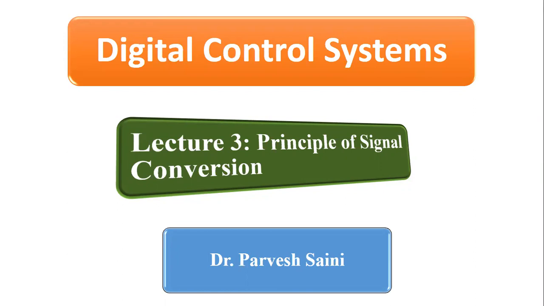Based on the control algorithm, the control signal is generated, and this control signal is also a digital signal, which is then converted back into analog because the real-time process will not understand digital information. So let us start with the lecture.